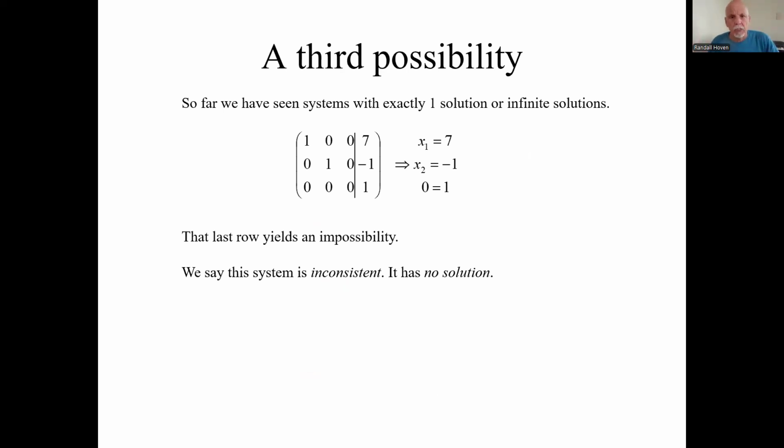And here's a third possibility. Let's say you got this after Gauss-Jordan elimination. Well, looking at the whole matrix, including the right side, it's in reduced row echelon form. No all-zero rows, all pivots are ones. I could have made these zeros, so it's not technically in reduced row echelon form.